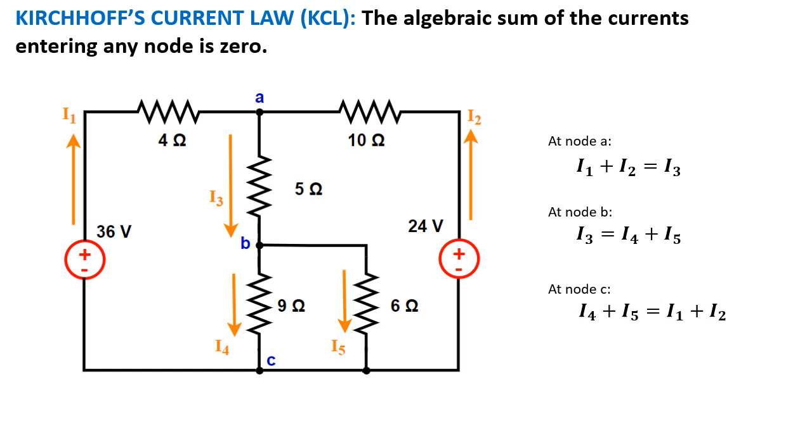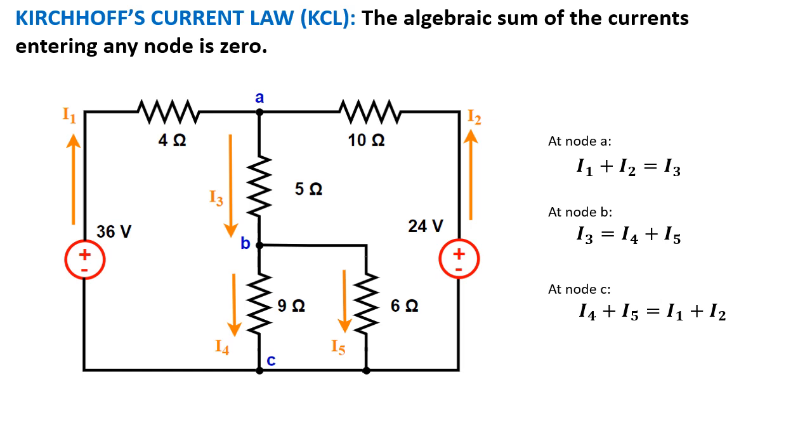At node A, there are three currents involved. We have I1, I2, and I3. Notice that I1 and I2 are entering while I3 is leaving. That is why at node A, I1 plus I2, the current entering, is equal to the current leaving, which is I3.